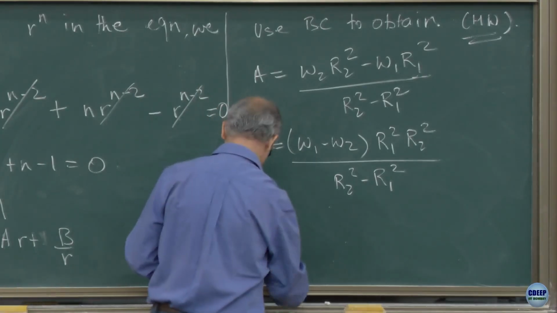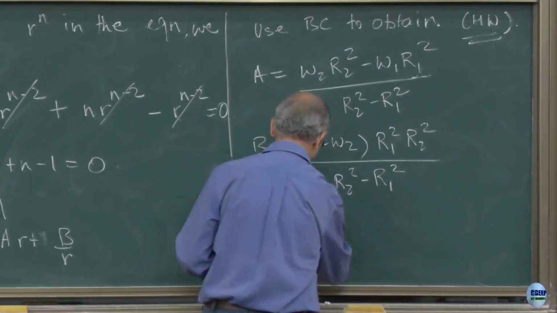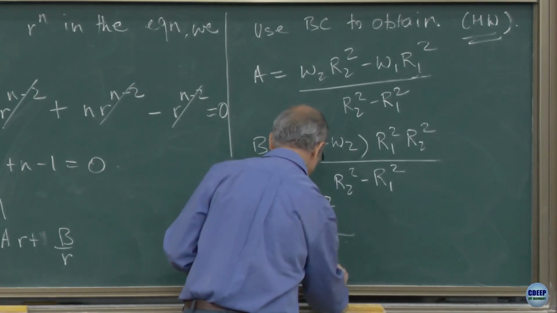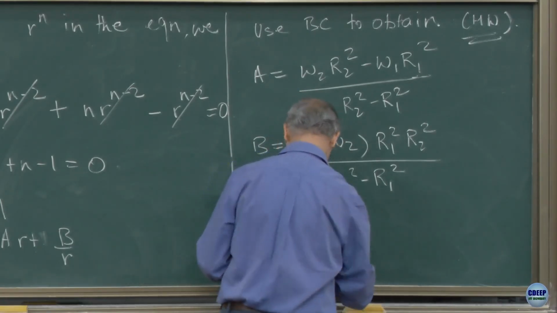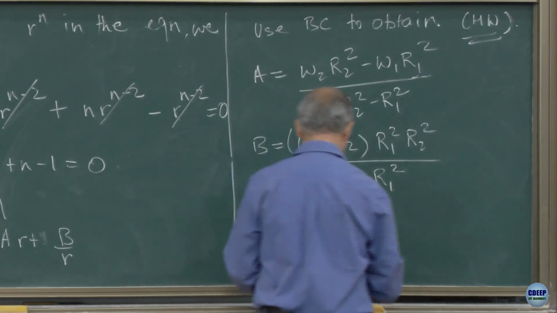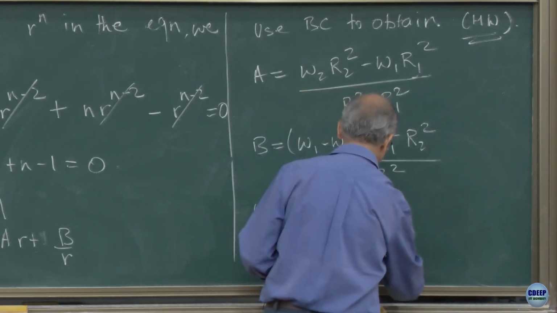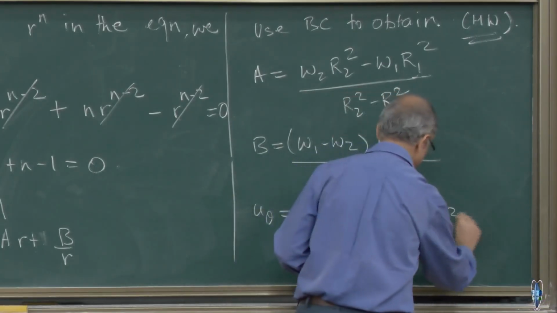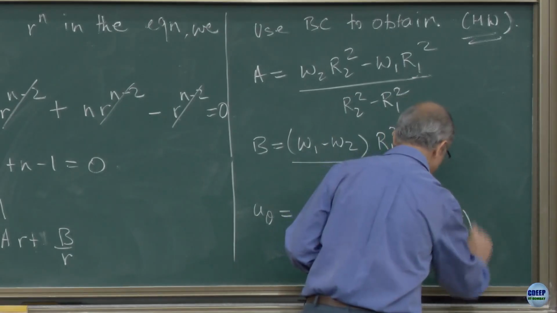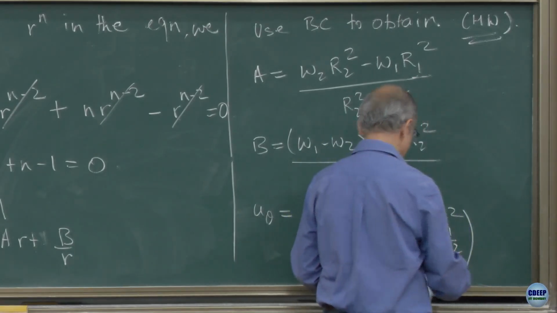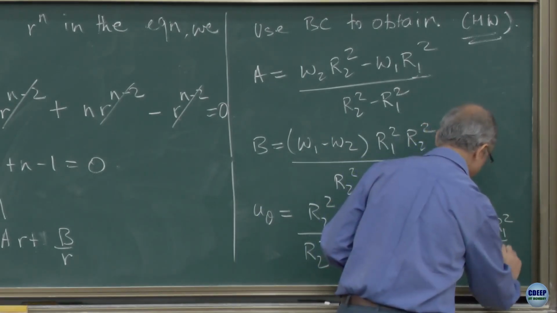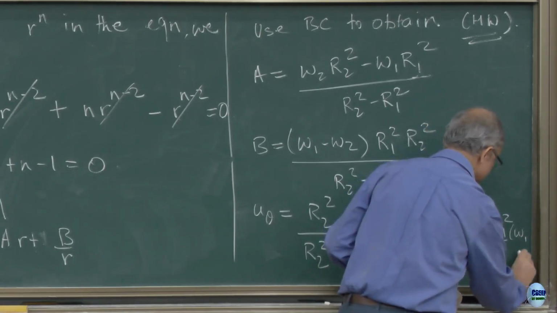And you will get u_θ as r2² upon (r2² - r1²) times (omega 2 - omega 1 r1²/r2²) times r, plus r1² upon r times (omega 1 - omega 2).